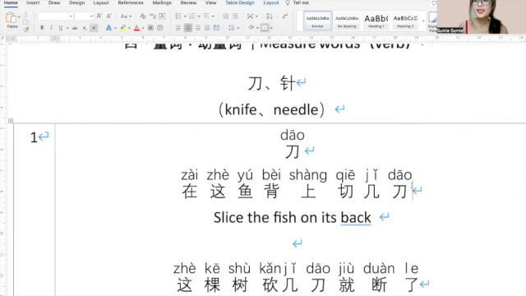Okay, so 几刀 is describing 切. So this is the measure word to describe the verb 切. Okay, so how many times do you want to cut on the fish back? Several times. 切几刀.